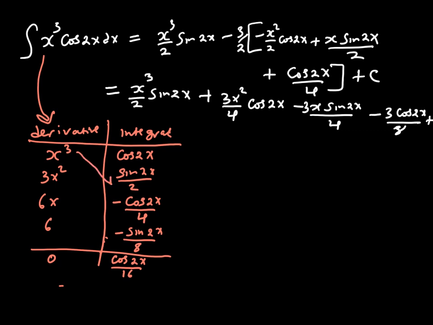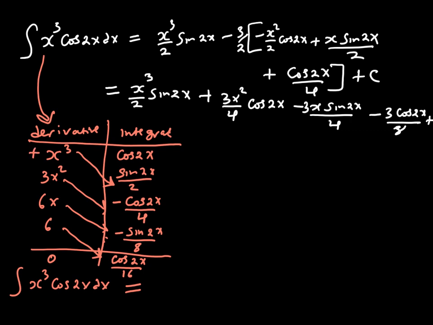We match these variables diagonally: this goes with that, this goes with this, this goes with this, and this last one goes with that, okay. So we multiply through and see what we shall end up with. So this gives us the integral of x cubed cosine of 2x dx equals, let's write these products, but remember there is also another rule.